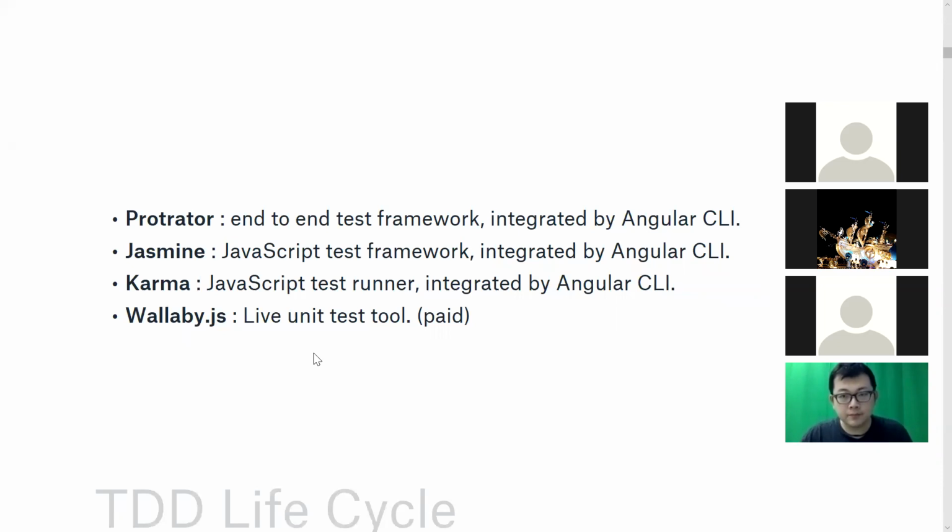The only thing not in Angular CLI is Wallaby.js, which is a live unit test tool. It's paid, but you can use it free for one month. If you want to keep using it, you have to pay for it.